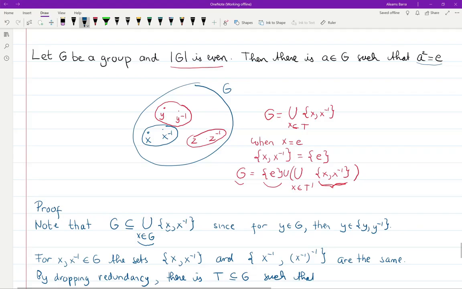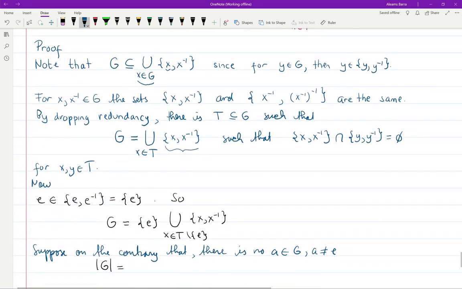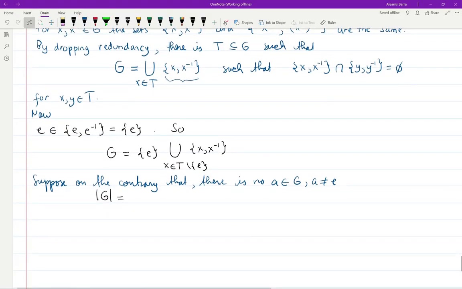So in order to make the problem more interesting, we want an A in G which is not the neutral element such that A squared equals E. So let's say there is no such A in G which is not the neutral element such that A squared equals E. Okay, so what does it mean?